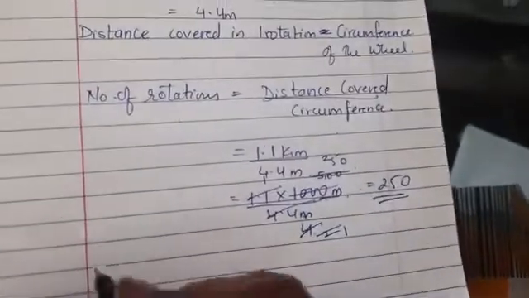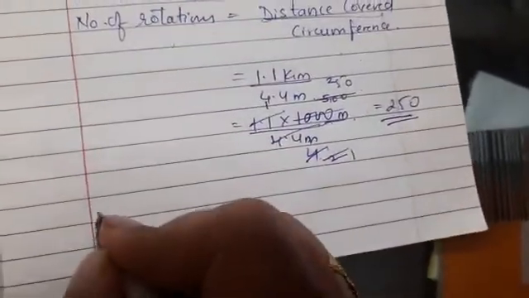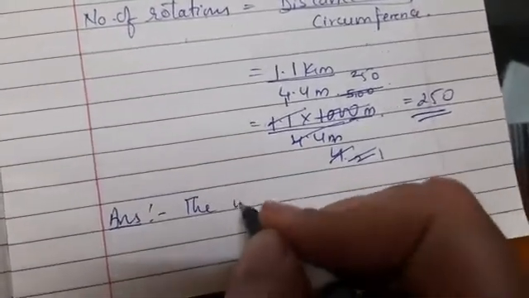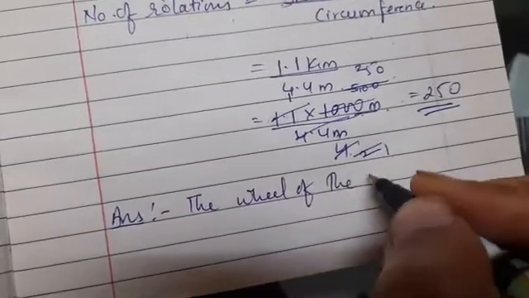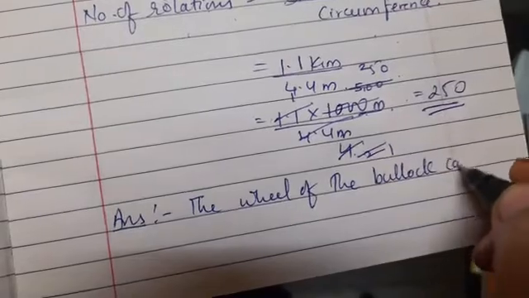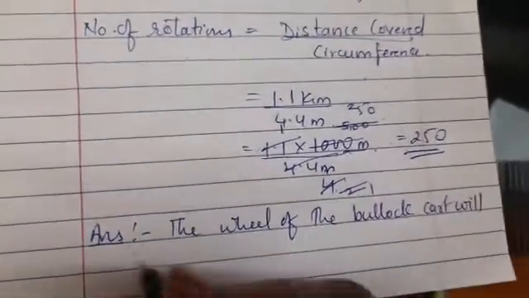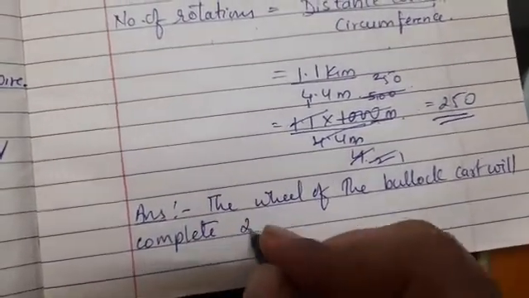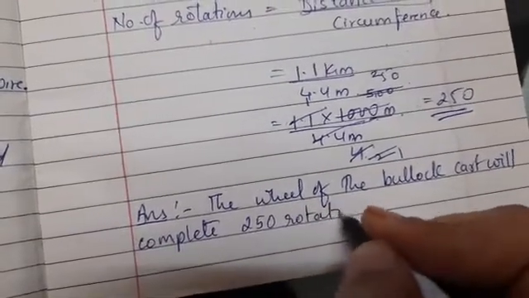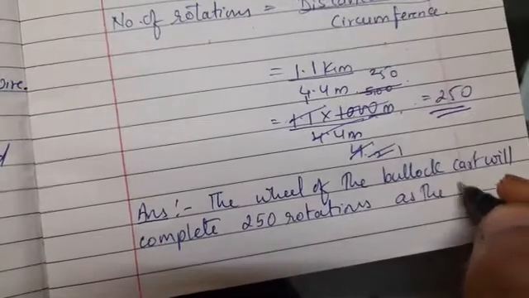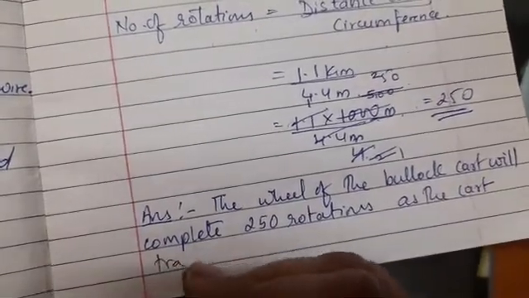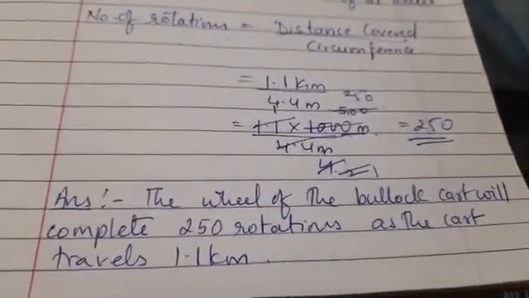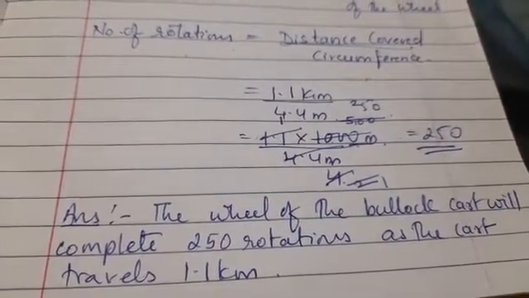Okay. So I write my final answer. The wheel of the bullock cart will complete 250 rotations as the cart travels 1.1 kilometer.